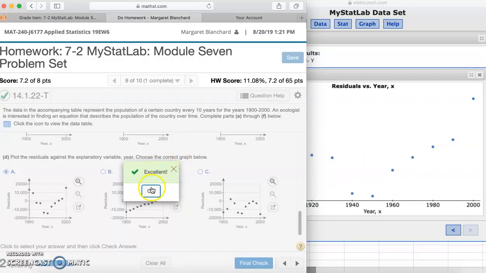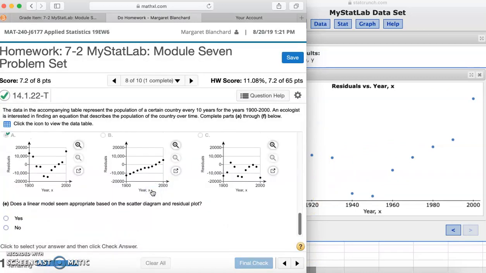Final check. Excellent. Does a linear model seem appropriate based on the scatter diagram and residual plot? So one of the things that we learned this week is when this plot, this residual versus your X values, shows a pattern, it's not appropriate to use a linear model because you have a pattern to those residuals.